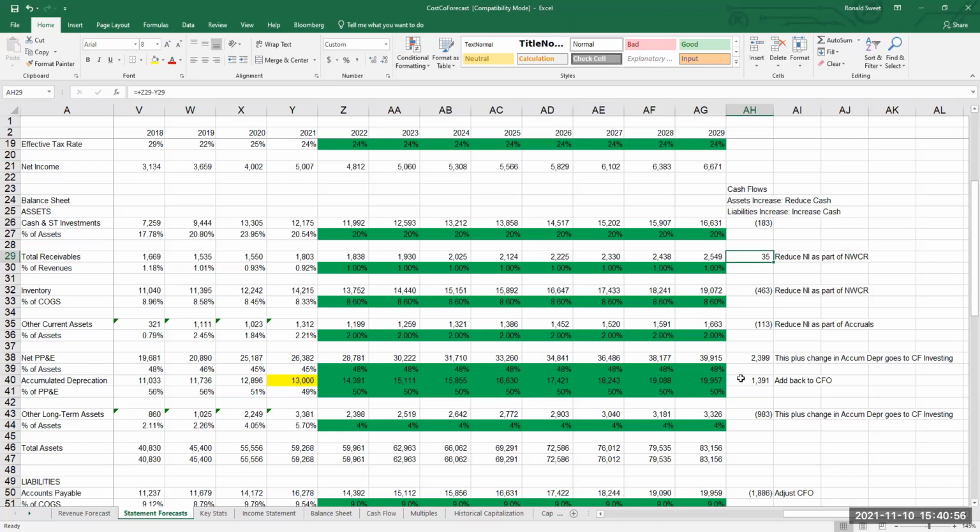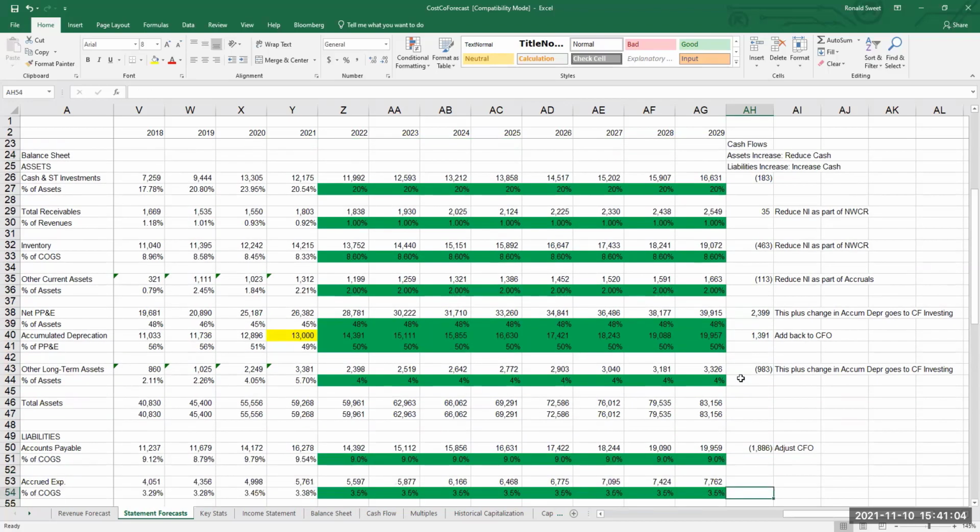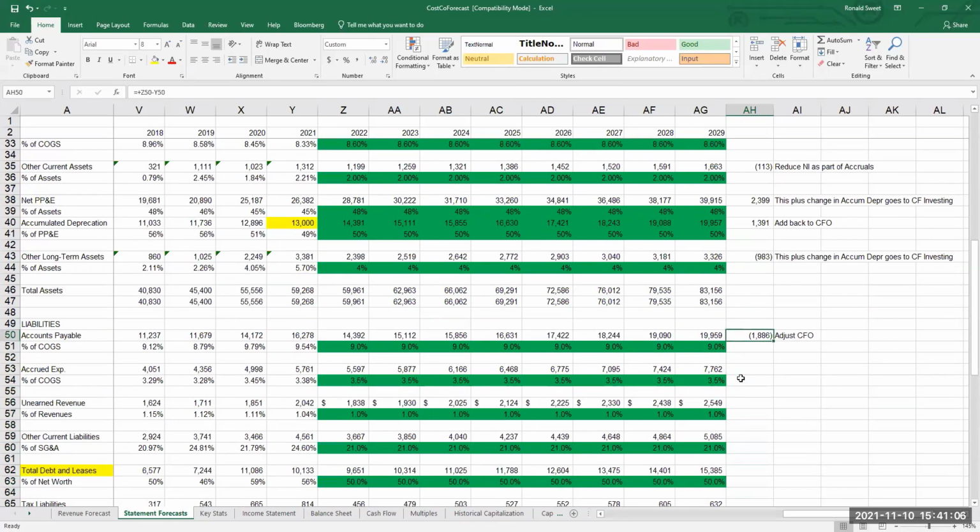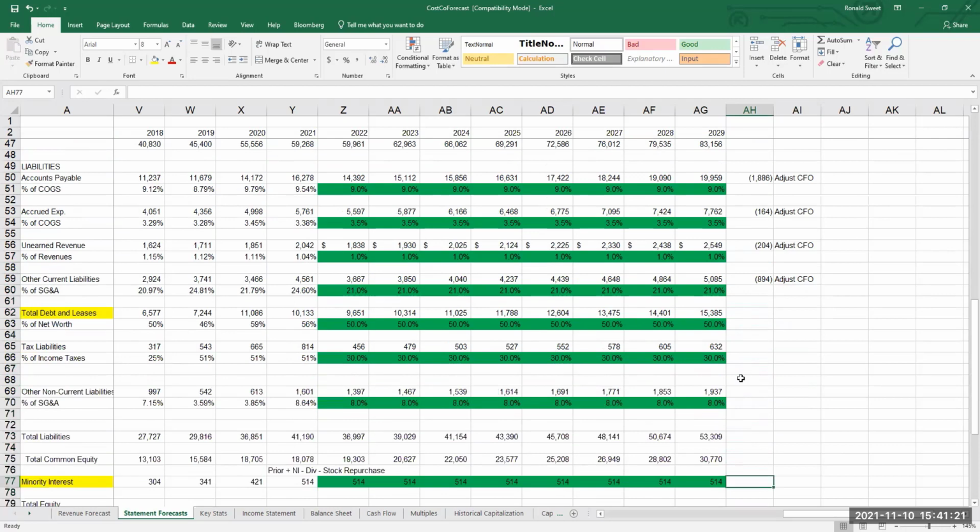You kind of think about it like, if you buy $2.4 billion of something, your cash goes down by 2 billion, your assets go up. And then you're going to do the exact opposite on the liabilities. Same thing here, really easy. That's just working capital. Unearned revenue, exact same thing again. These are easy. Other current liabilities, same thing. So the liabilities are a piece of cake.